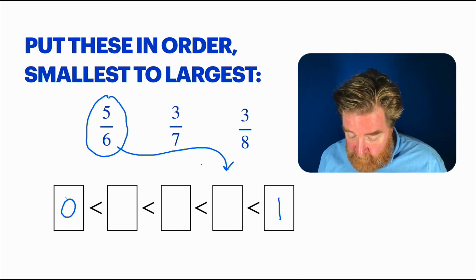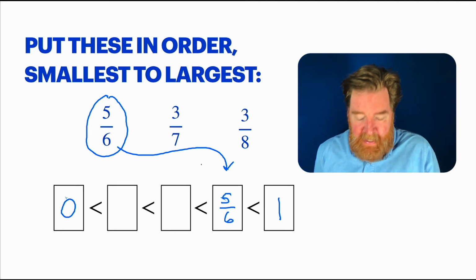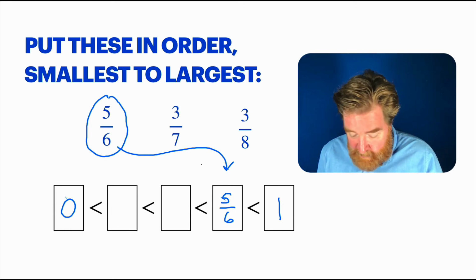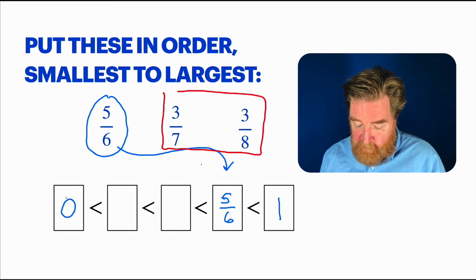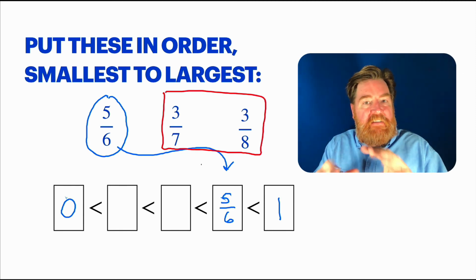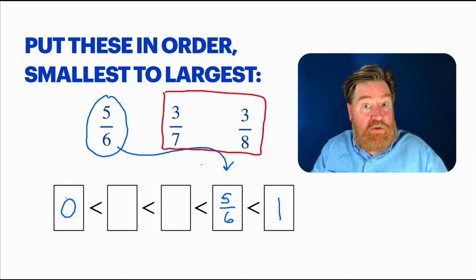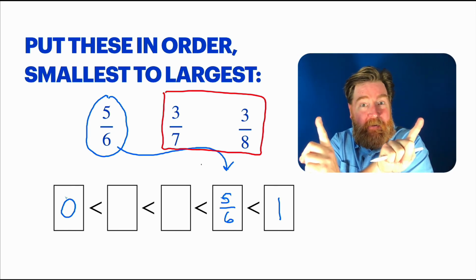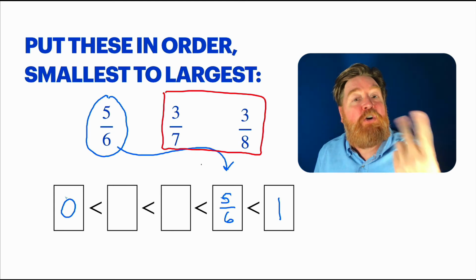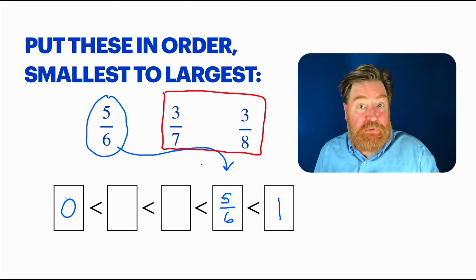I'm going to put 5/6 in that slot right there. Now all we need to do is figure out 3/7 and 3/8. They need to go in those last two boxes, but is it 3/7 and then 3/8 or the other direction? So let's just figure out who's bigger between those two.